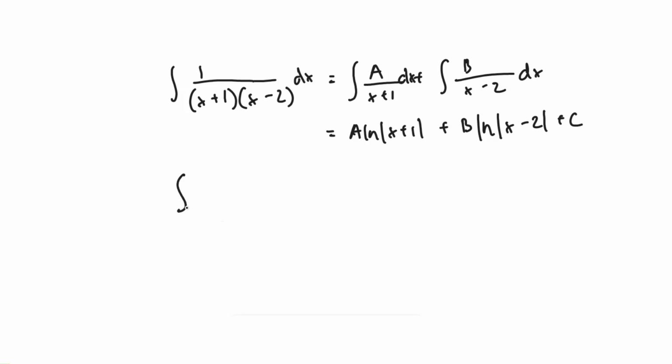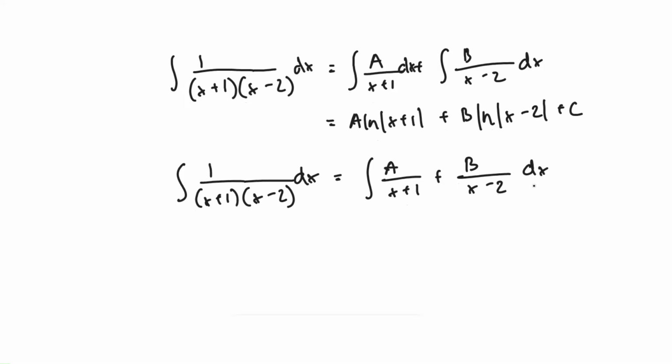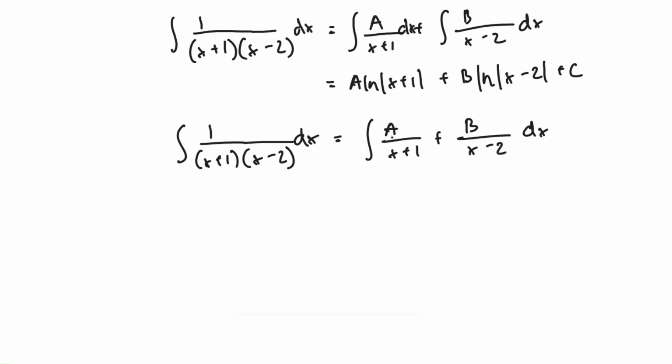So our integral is 1 over (x plus 1)(x minus 2) dx, and it is equal to a over x plus 1, plus b over x minus 2 dx. So how can you find a and b? First I'm going to group these two fractions together.